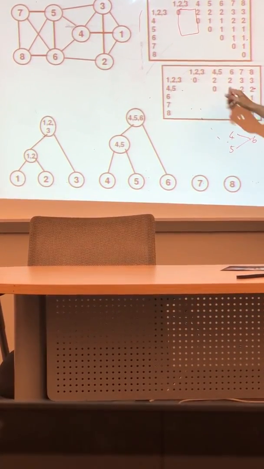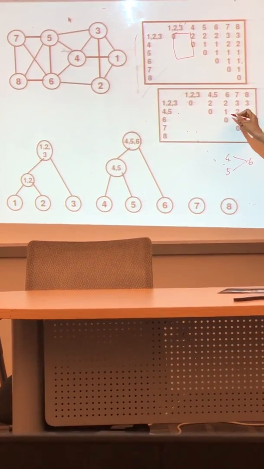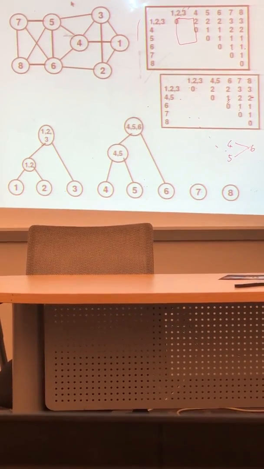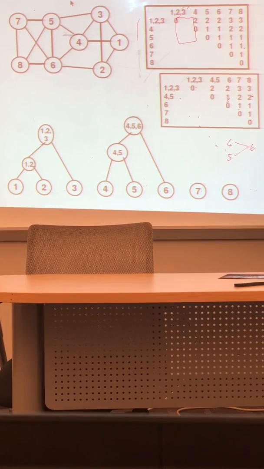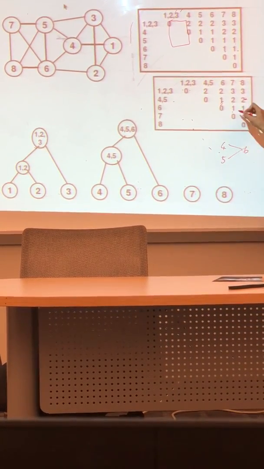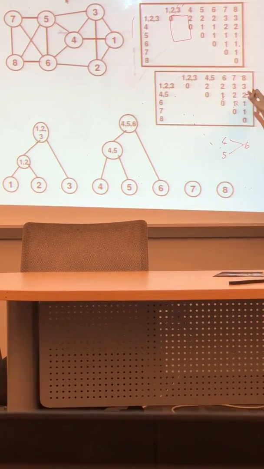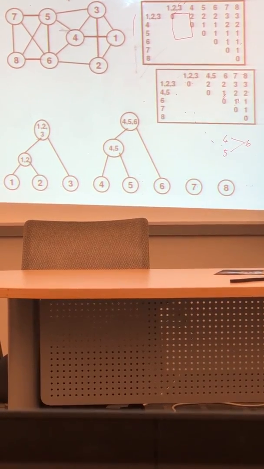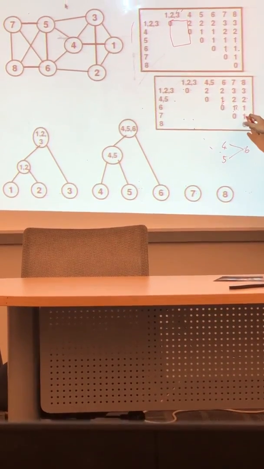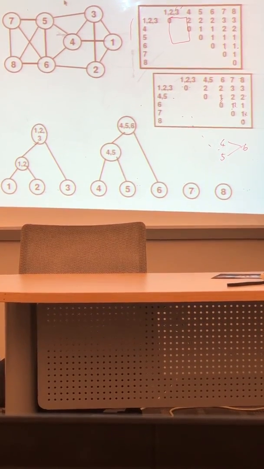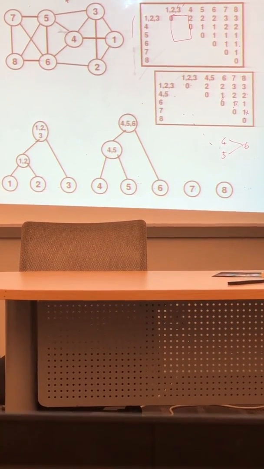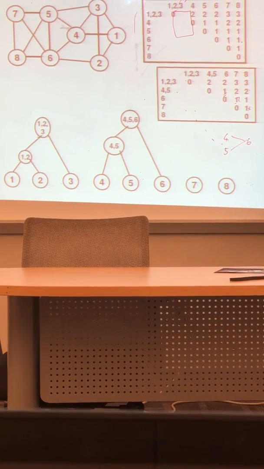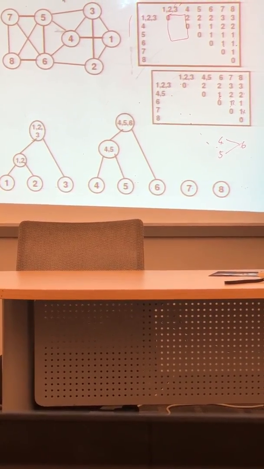So you have again some ones. So notice here, this one is between what? A cluster vertex pair. What about this one? It's between 6 and 7. That's a vertex pair. This is between a vertex pair, right? So which one should you go for to combine? The cluster vertex pair.